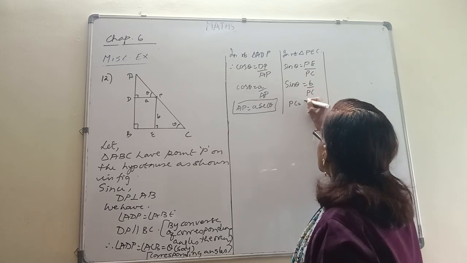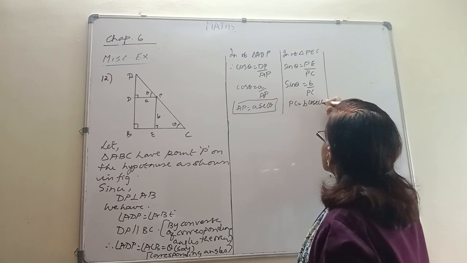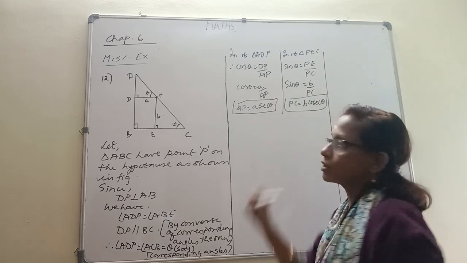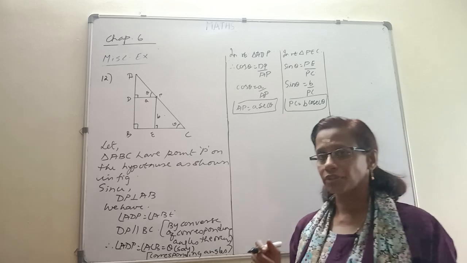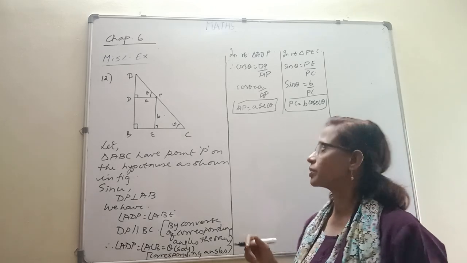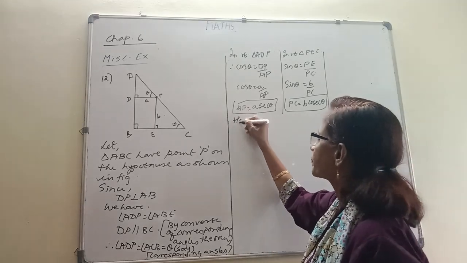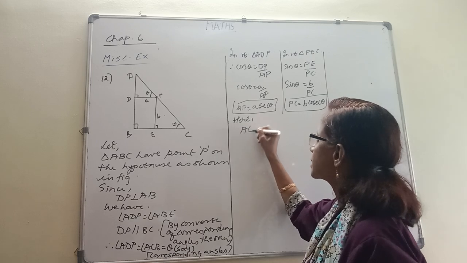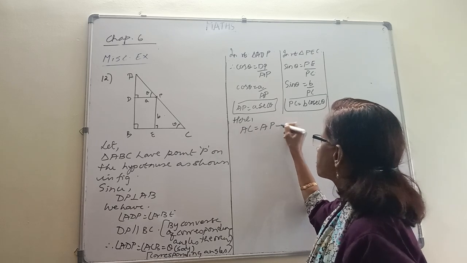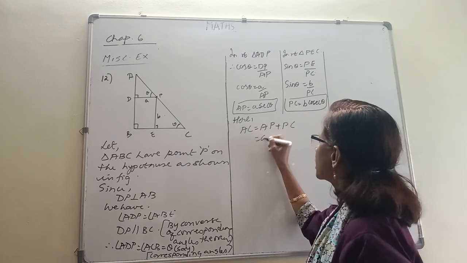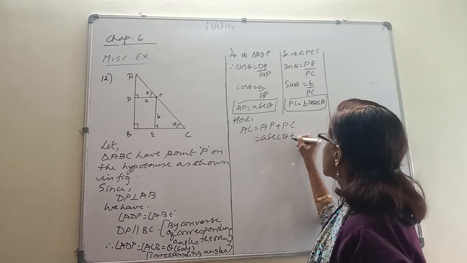So it will become b cosec theta. So both these we have got. Our emphasis is on the length of the hypotenuse because that is what we have to work with. So the length of the hypotenuse AC is AP plus PC, which we have now as a sec theta plus b cosec theta.